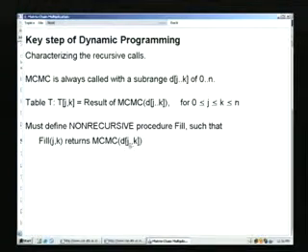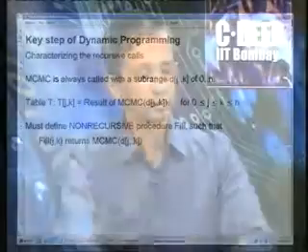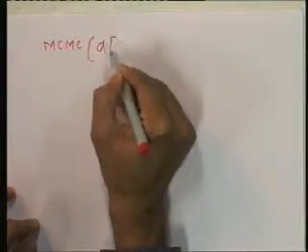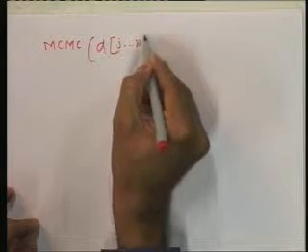Let us try and execute MCMC with the arguments Djk. For that we need to go back to the definition of MCMC. So, here is what we need to do. We want to execute the call MCMC of Djk.